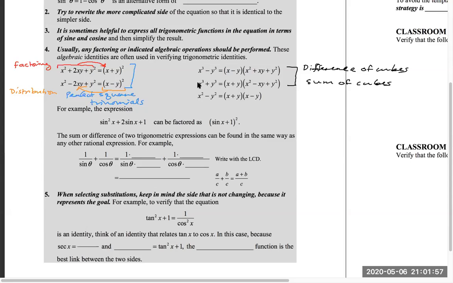You have cubes on this side that are summed or differenced, and then these are the factors that they break down into. So going from here over here is factoring, and going from this side to this one is distribution.